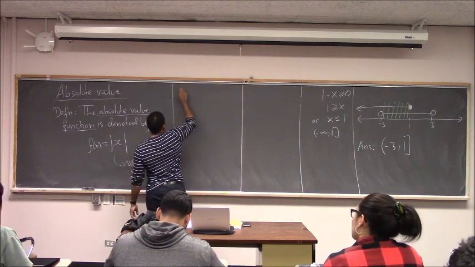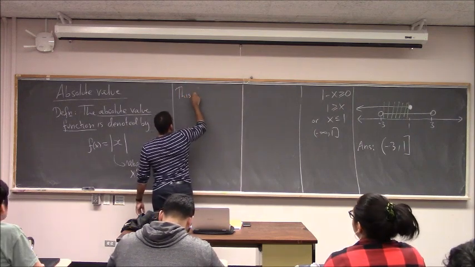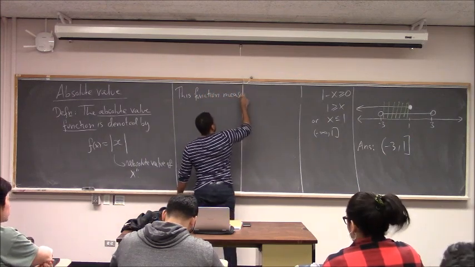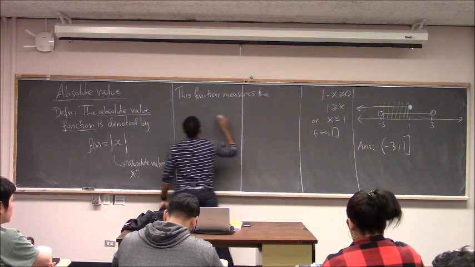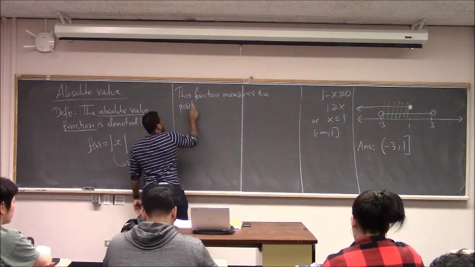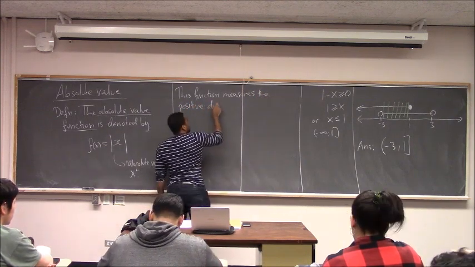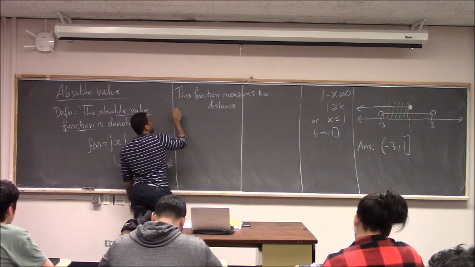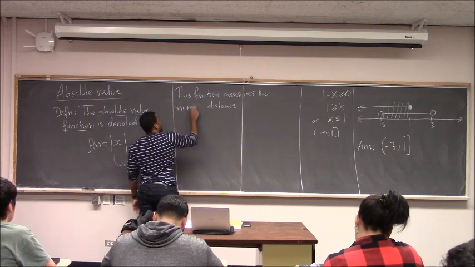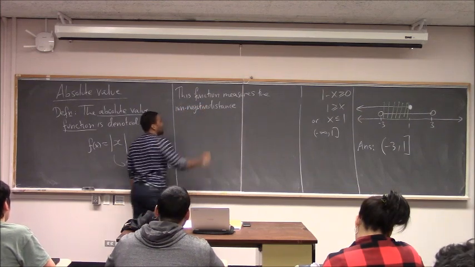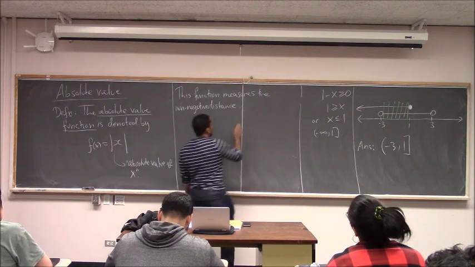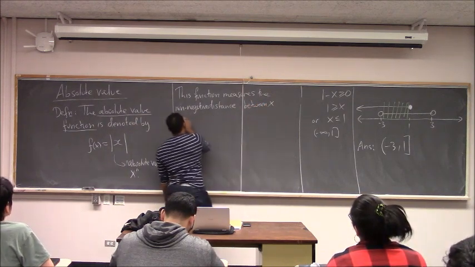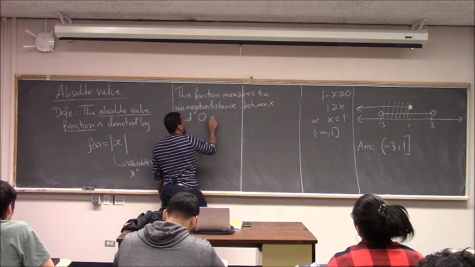Ultimately, what we want to do is this function measures the positive distance, or I shouldn't say positive, non-negative. So that means it could be 0 or positive distance between x and 0 on the number line.